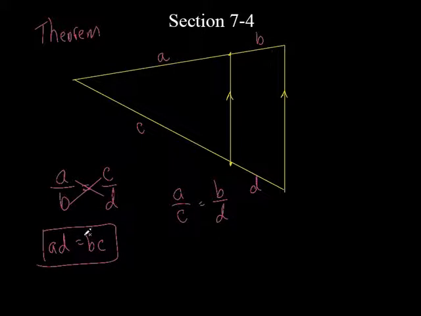So what if we cross multiplied here? We should get the same thing, AD equals BC. If we didn't, then the way we're comparing our ratios is not correct. What if I cross multiplied here? I get AD equals BC again. Look at that.